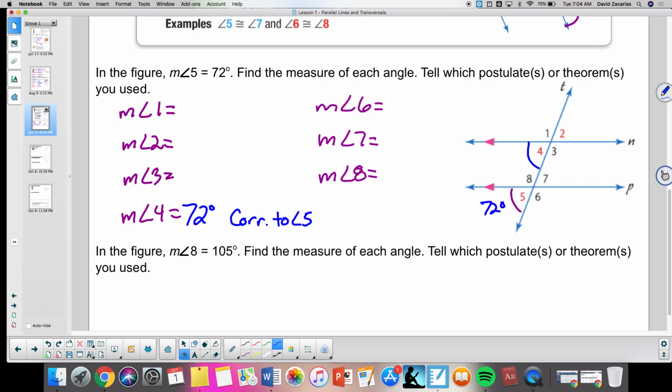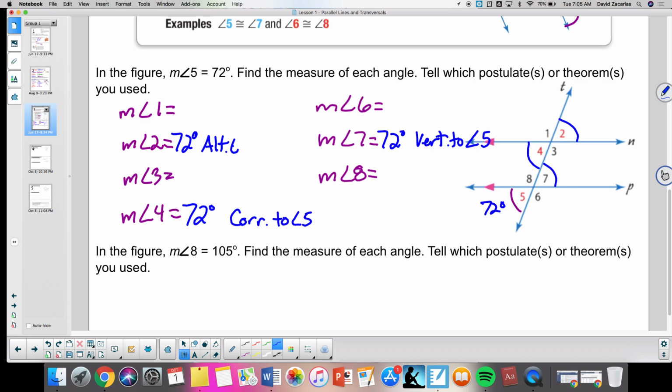We could say angle 7 is 72 also, because notice these two are vertical to each other. So angle 7 must be 72 because it's vertical to angle 5. That says angle 5, not L5.